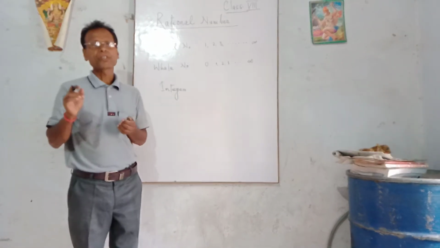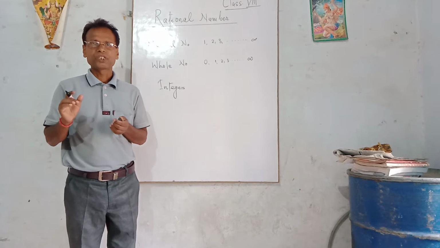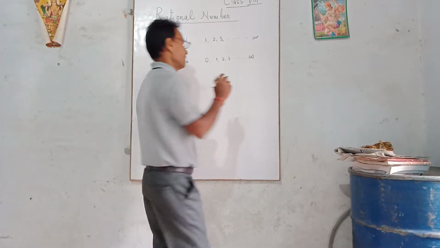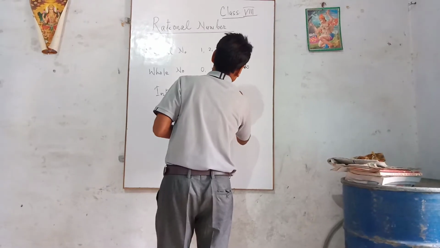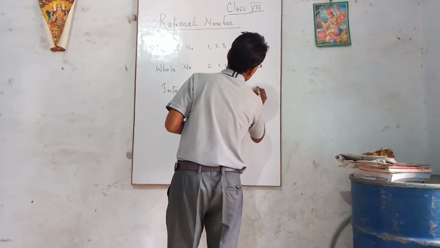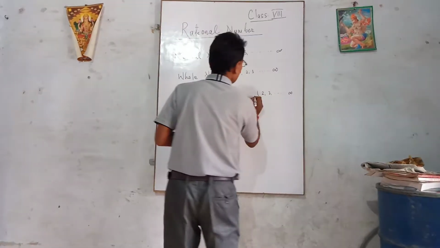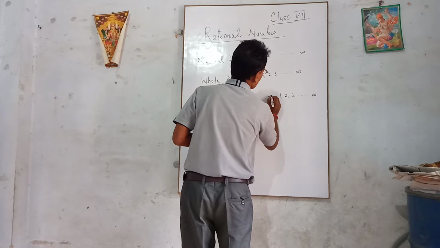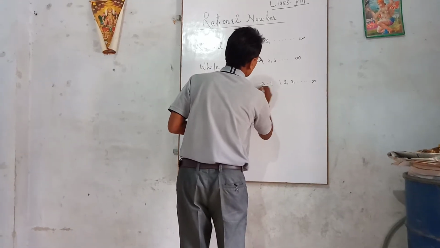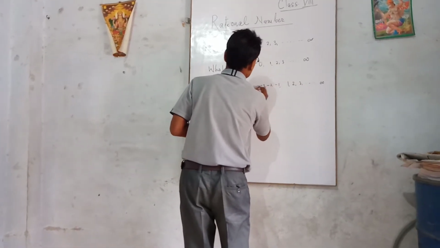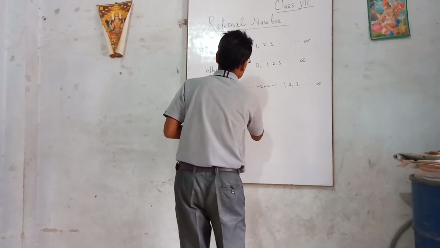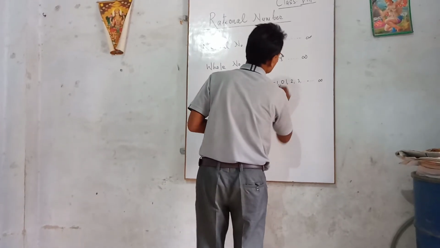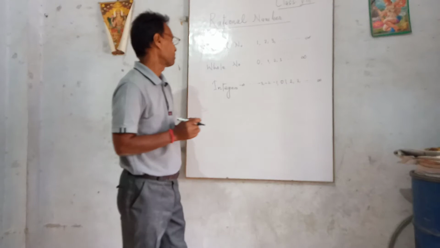And the third number is integers. Natural numbers and negative natural numbers with 0, this family is called integers.